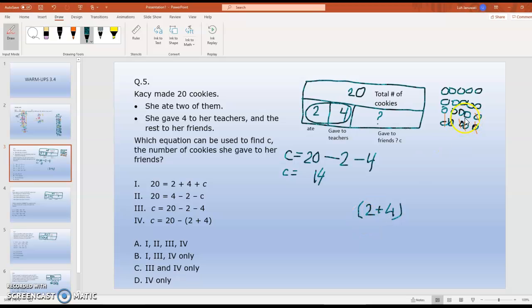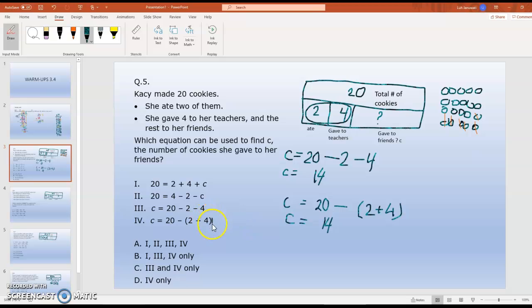That would be 6, right? Because here 1, 2, 3, 4, 5, 6. And then I can subtract that from 20, right? I can add these 2 and then subtract from 20. And I still get 14, right?